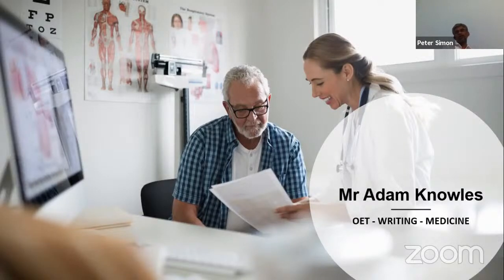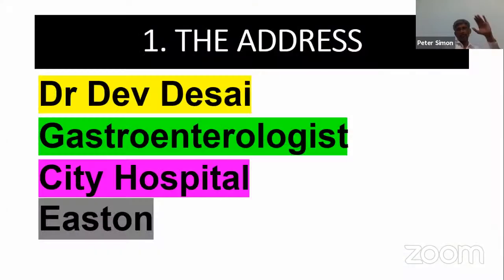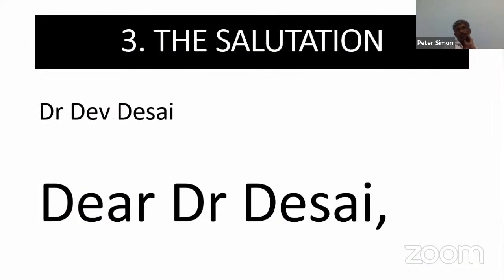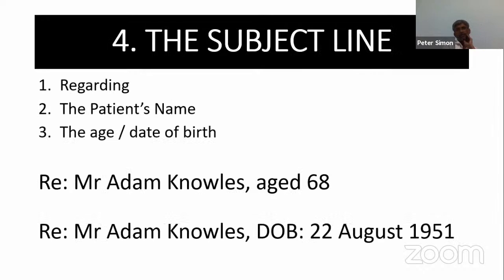Now this is our letter, Mr. Adam Knowles, writing for medicine. This is the address. Then this is the date. And this is the salutation. And this is the regarding line or the reference line.